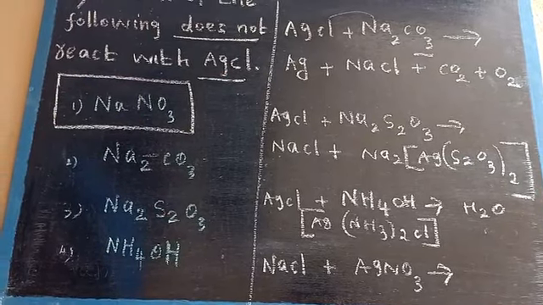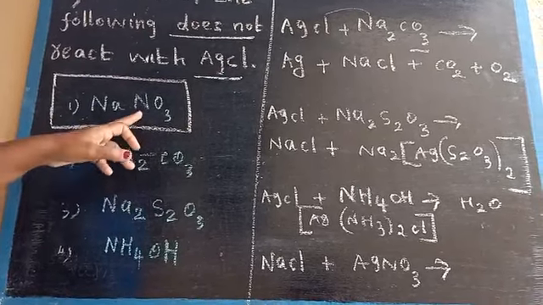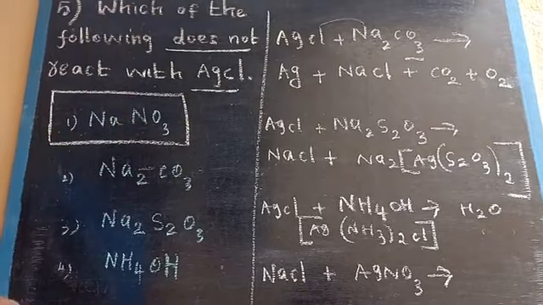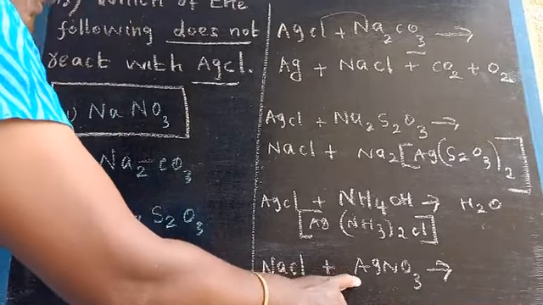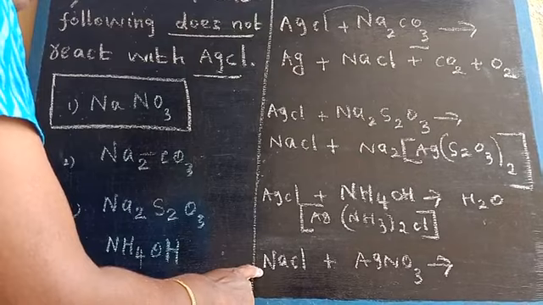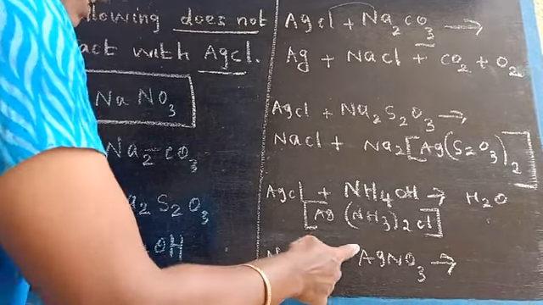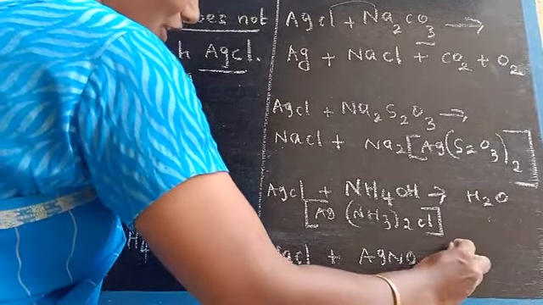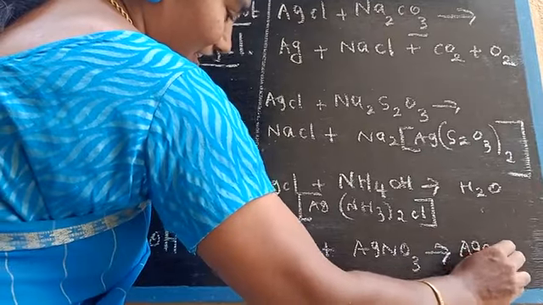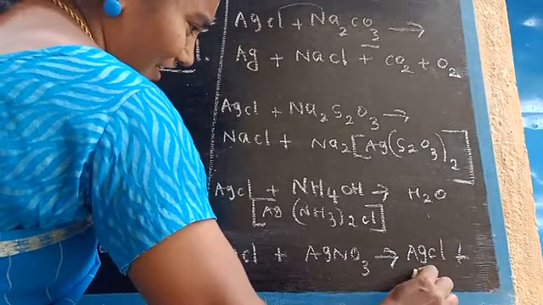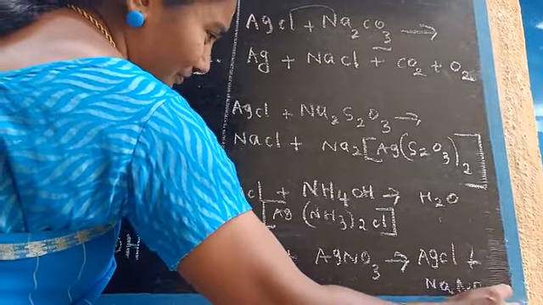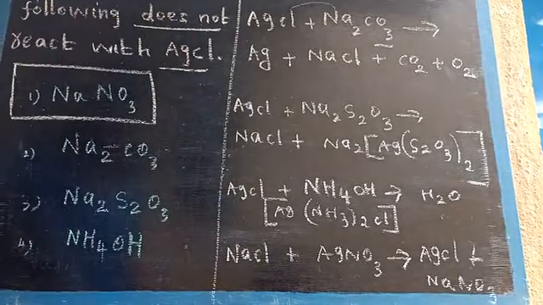This is the reason. But at the same time silver nitrate reacts with sodium chloride to give silver chloride and sodium nitrate, AgCl plus NaNO3.